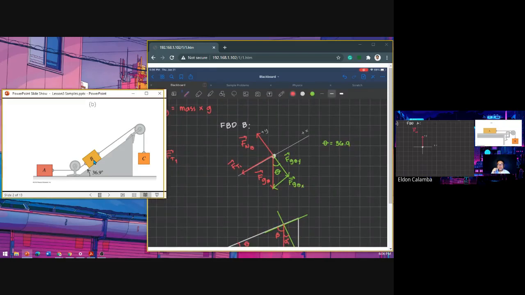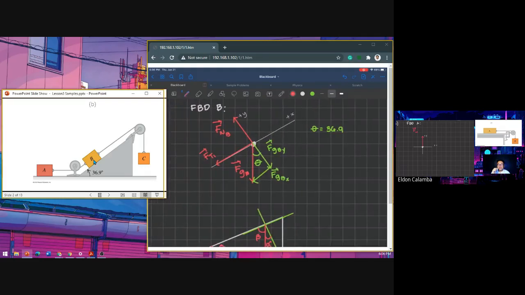I want to express na my FGBY and my FGBX. So with respect to this theta here, the FGBX is the opposite side, right? So katuwa, so I only have sine as opposite over hypotenuse. So I could have FGBX that is equal to FGB sine theta.